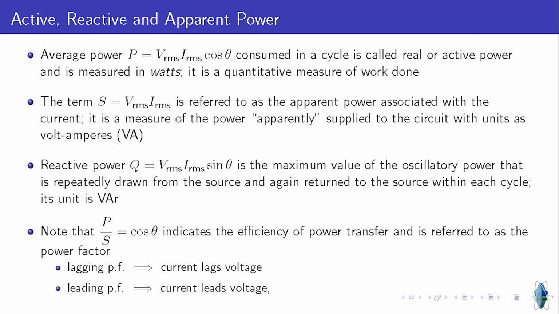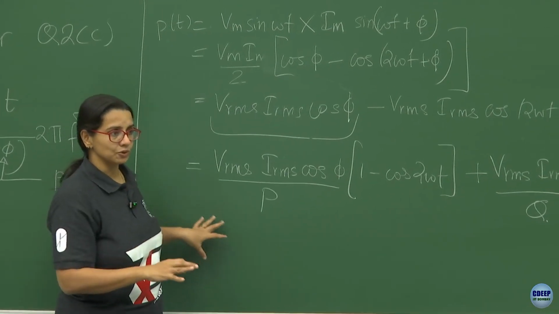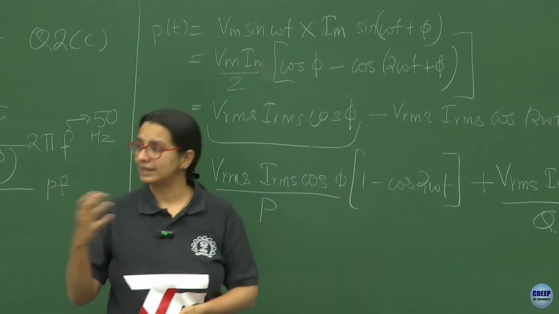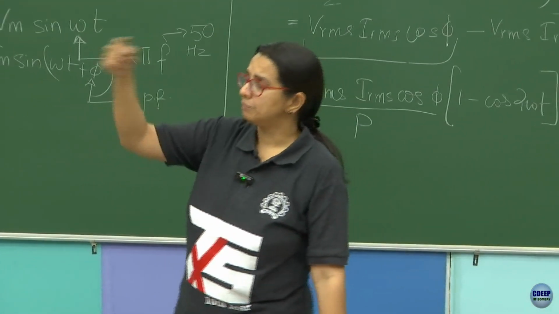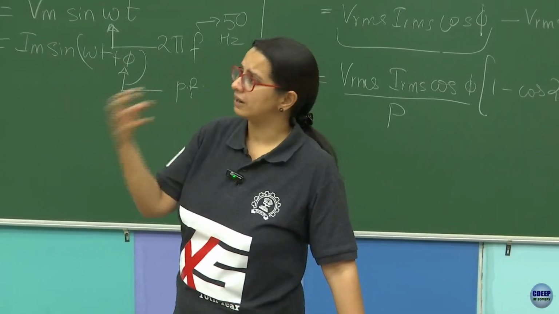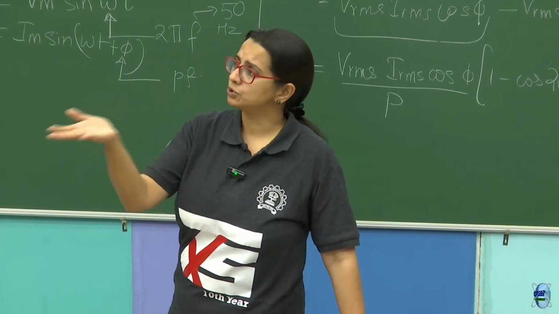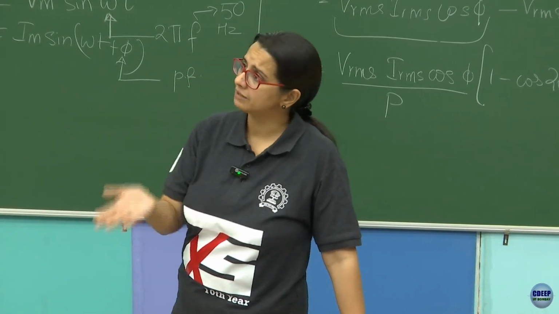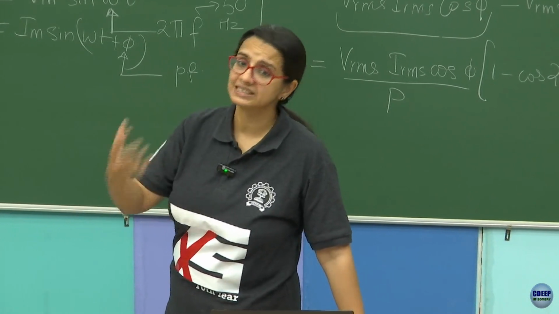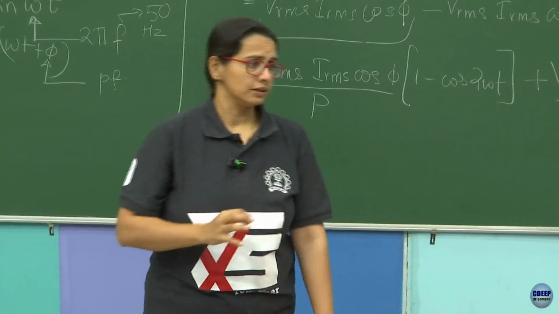But the useful work is only being done by the non-zero average component, which is what we recognize as your active power, and hence P by S is the efficiency in some sense, right? Your power factor is telling you what part of the apparent power you are supplying to the circuit is being used for some useful work, correct?